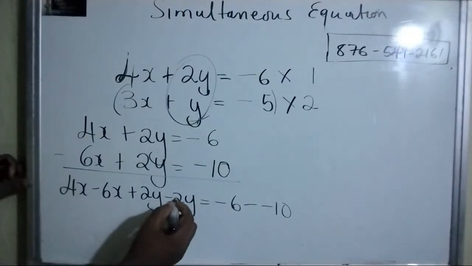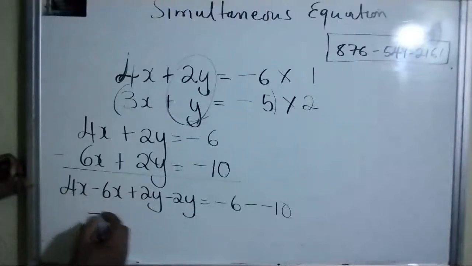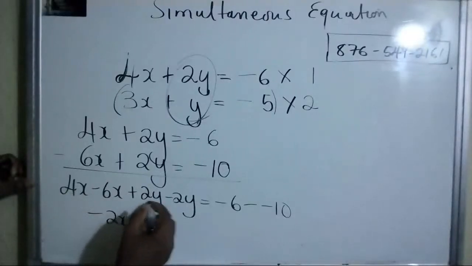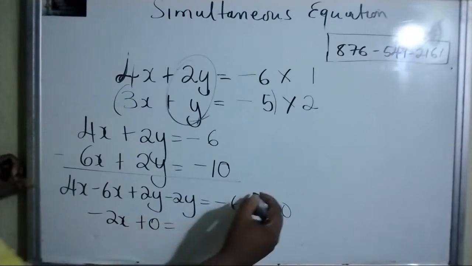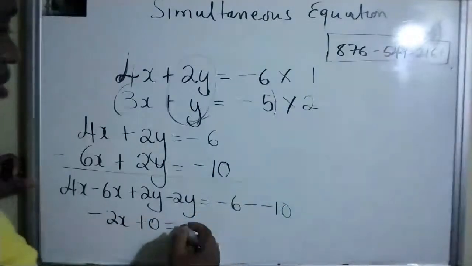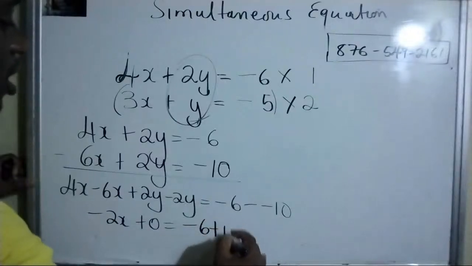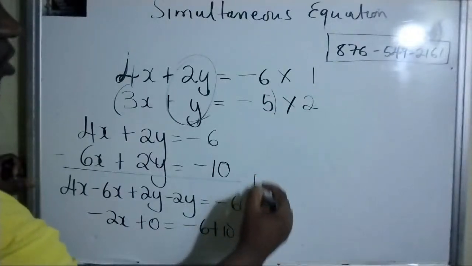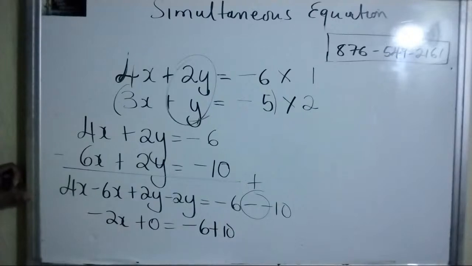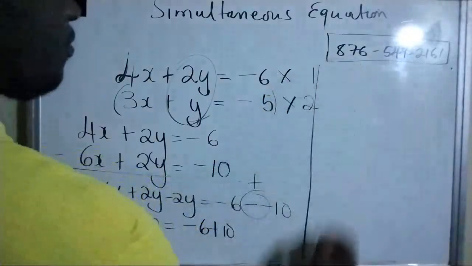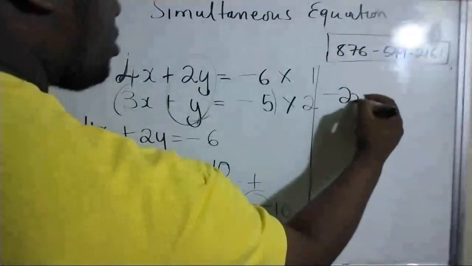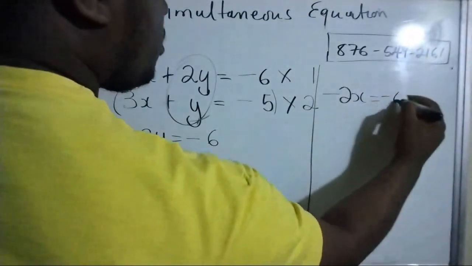We group all the like terms. 4 minus 6 gives us negative 2x. 2y minus 2y is 0. Negative 6 minus negative 10 is going to become a positive. Let me just show this step. Negative 6 plus 10, because these two will give you a positive. So we have negative 2x equals negative 6 plus 10.